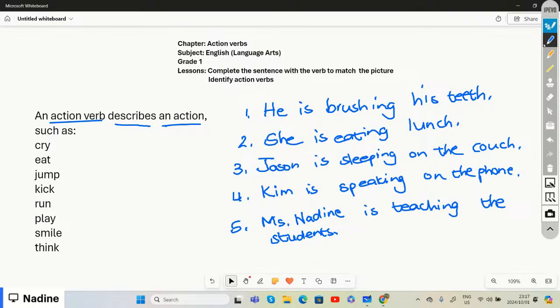The fourth one is, Kim is speaking on the phone. And the last one is, Miss Nadine is teaching the students. What is or are the action verbs within that sentence or sentences?